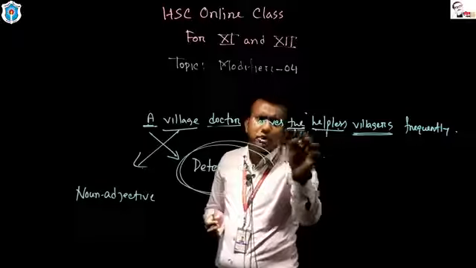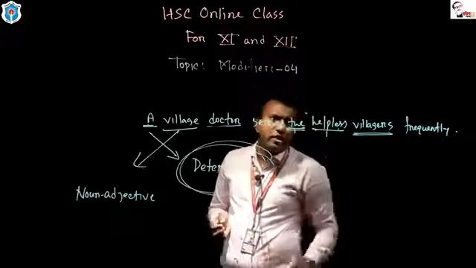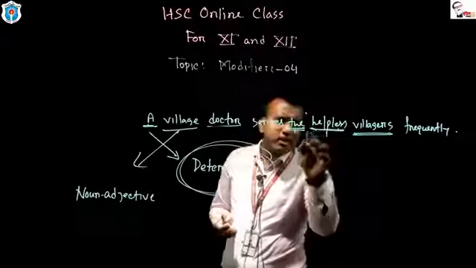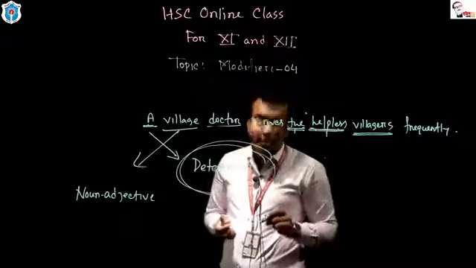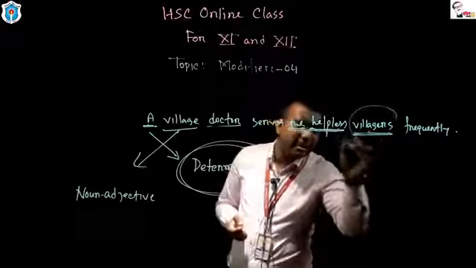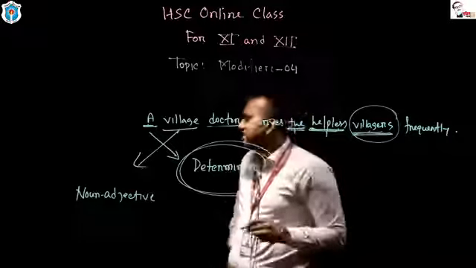I think I have talked about it, it's also a determiner. Articles are called determiners. Okay, this one, helpless. Helpless is also an adjective because villagers is being modified by helpless. Villagers is a noun, that's why helpless is an adjective.